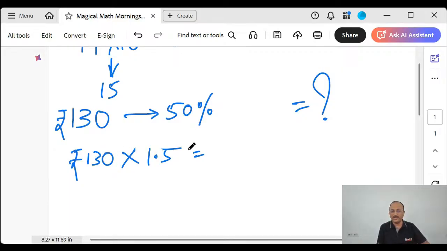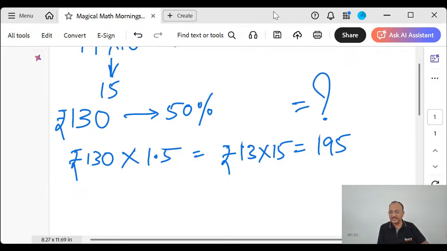So it will become 13 into 15. So what? 14 square minus 1. 14 square is 196. 196 minus 1 is 195. It's going to be 195 rupees. Correct?